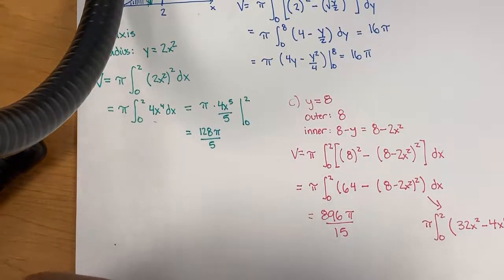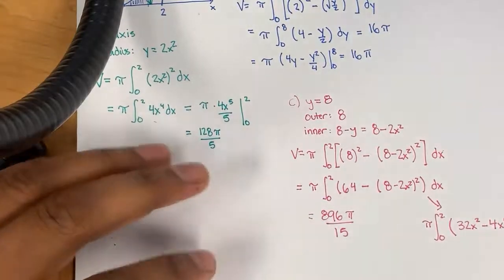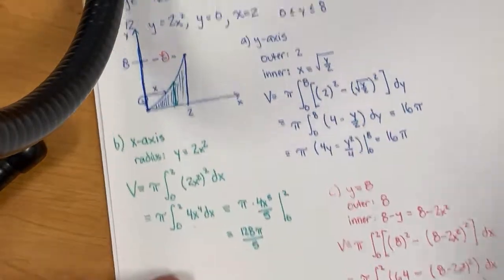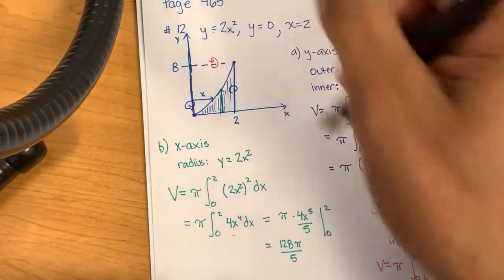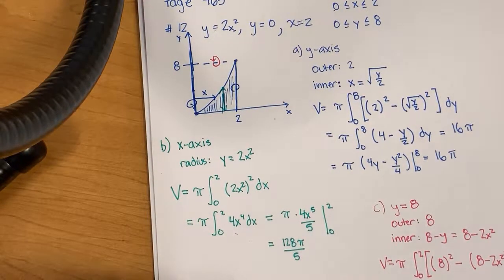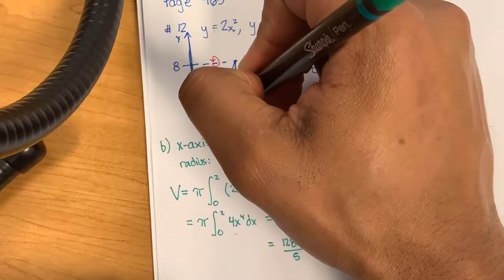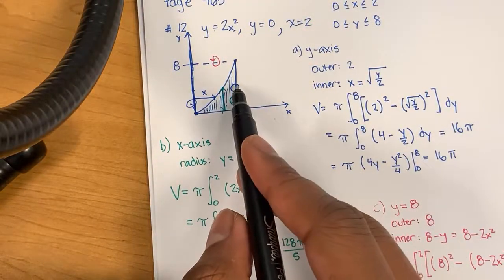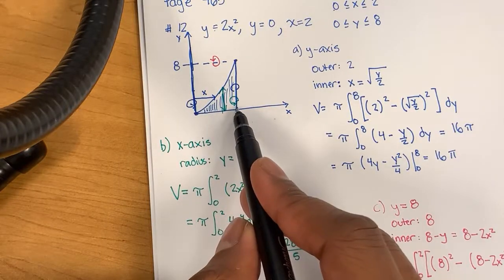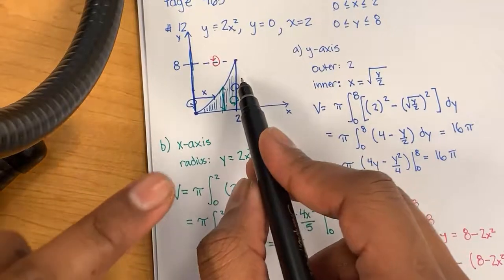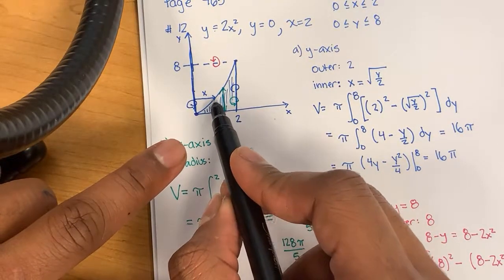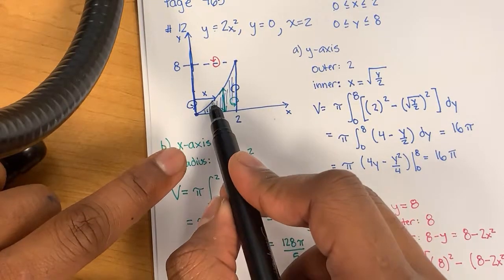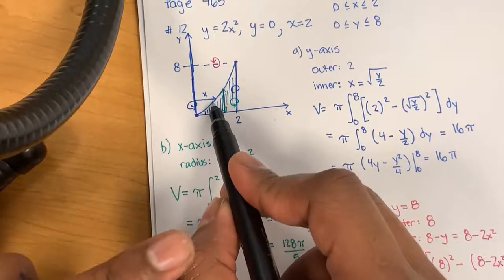For part D, we're rotating around the line x equals 2. So when rotating around x equals 2, we have this solid that's going to have a distance, so again, the distance from the axis of rotation to the curve. So from 2 to here is going to be 2 minus x.